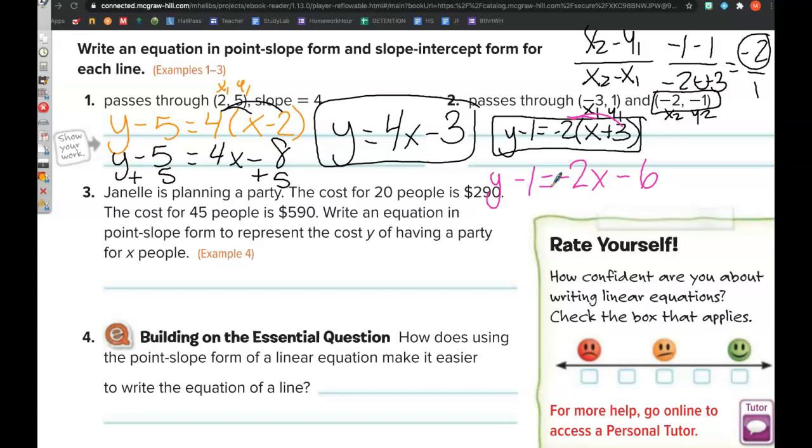Sarah, how do we get y by itself? So I have a y minus 1, so what do I do to get rid of the minus 1?